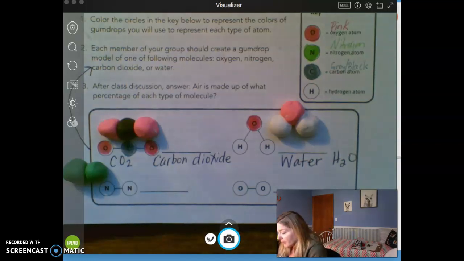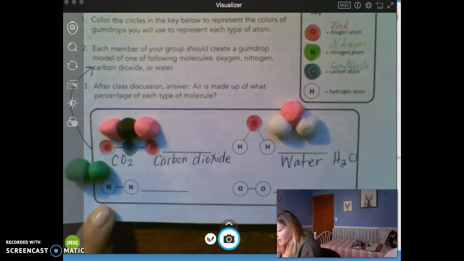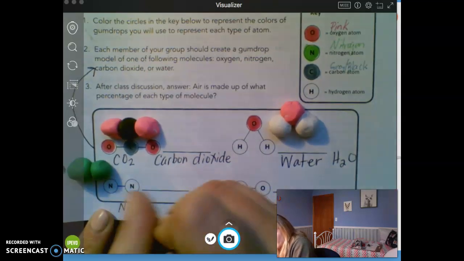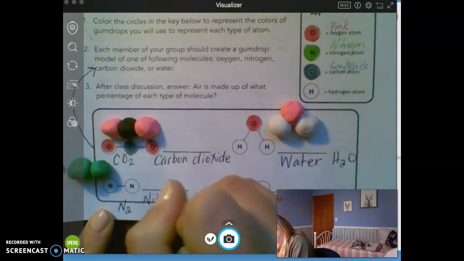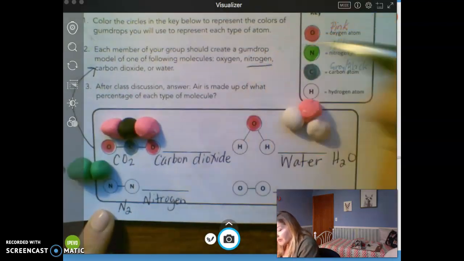So my nitrogen molecule could be called N2, and I write it out as nitrogen. I'm getting that name from up here.